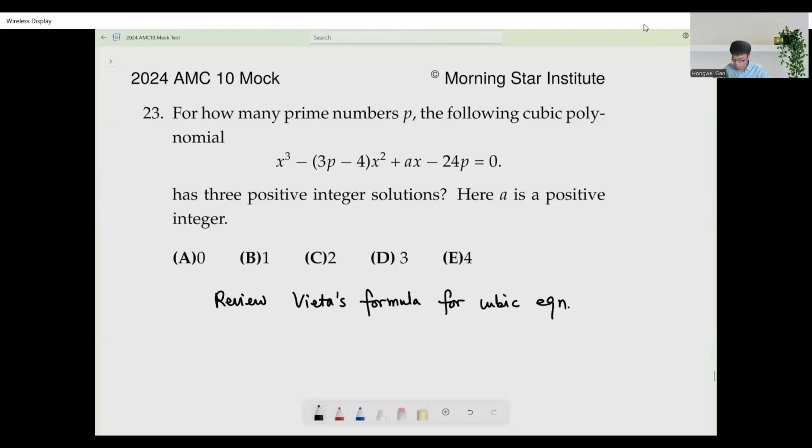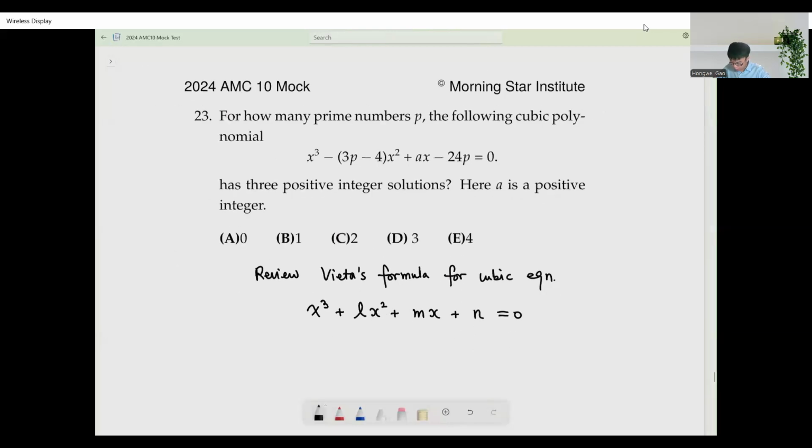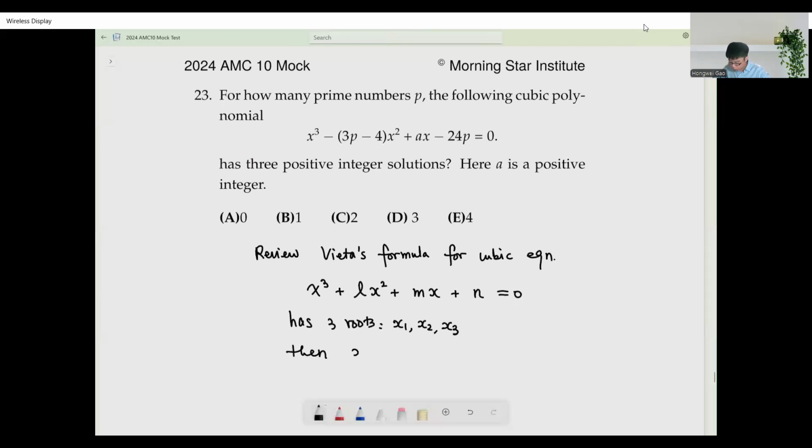Suppose we have a cubic equation x cubed plus l x squared plus m x plus n equals 0. If it has 3 roots, let's call them x1, x2, x3, then we must have the sum of the roots, x1 plus x2 plus x3, equals minus l.